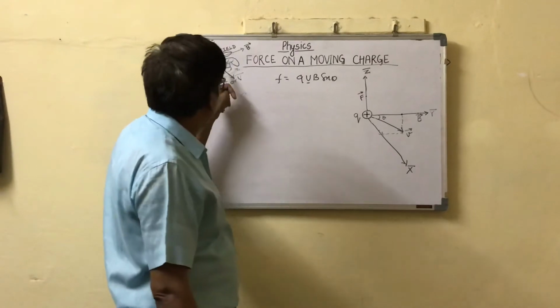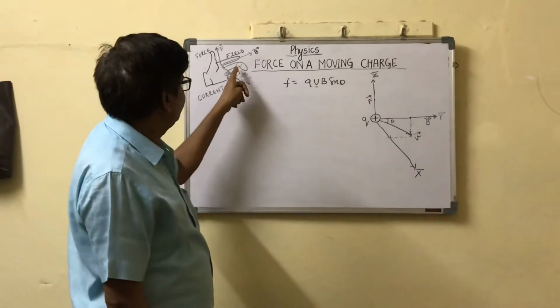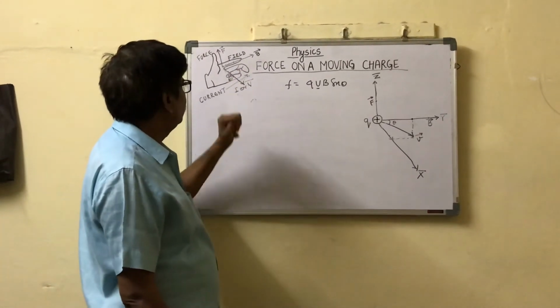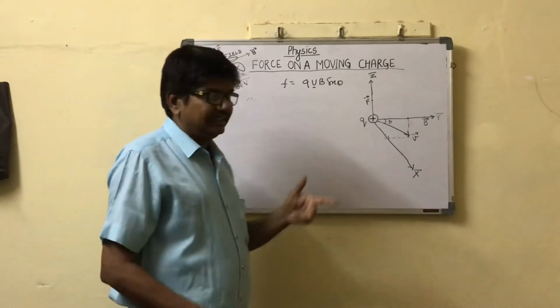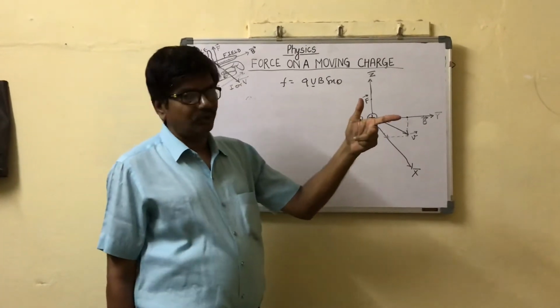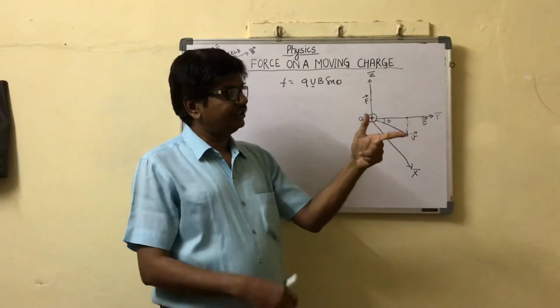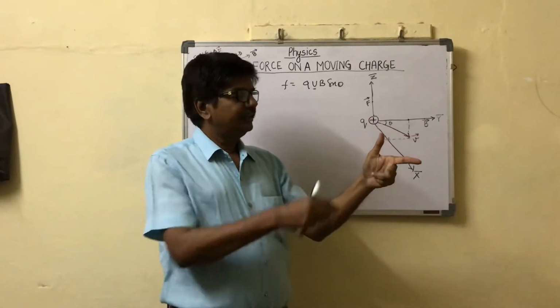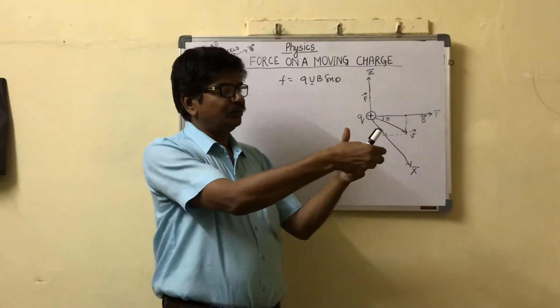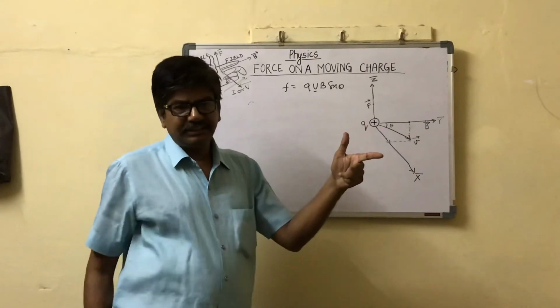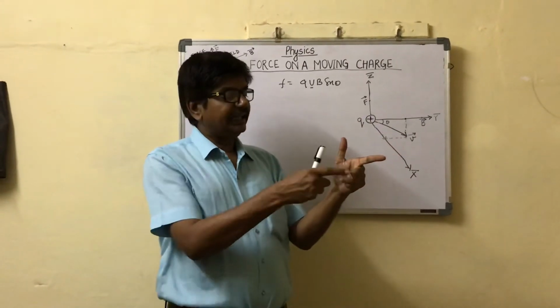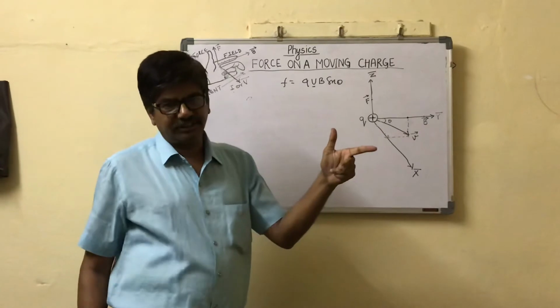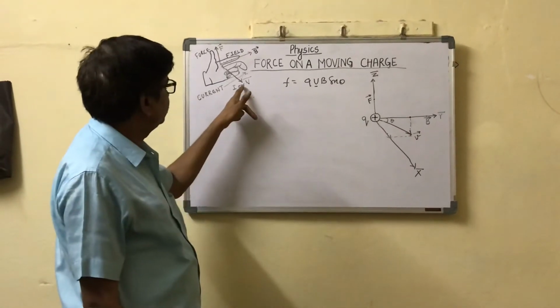Now Fleming's left hand rule, you see this picture on the whiteboard. This is your left hand. Stretch your left hand in such a way that the thumb, forefinger, and center finger are mutually perpendicular to each other. Now you see this figure.